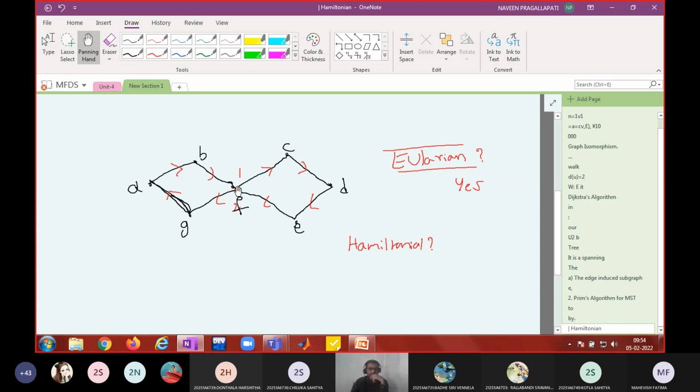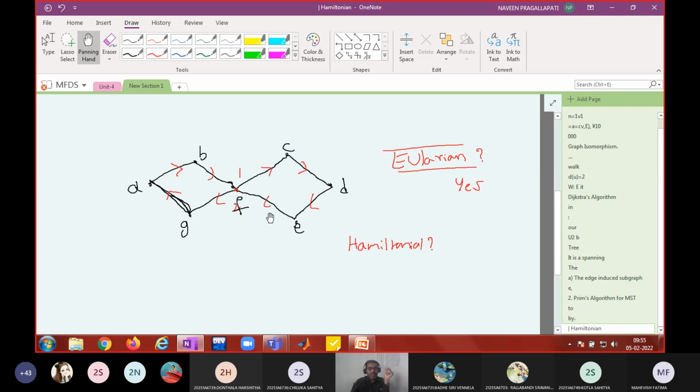Or if I am starting with F itself, F, C, D, E, and G, A, that means a vertex is repeating. Not only for initial and terminal, in between also.